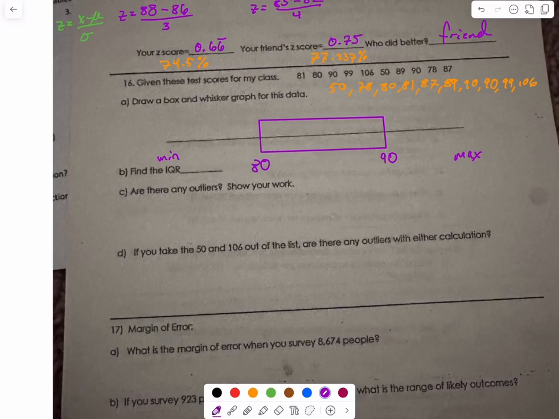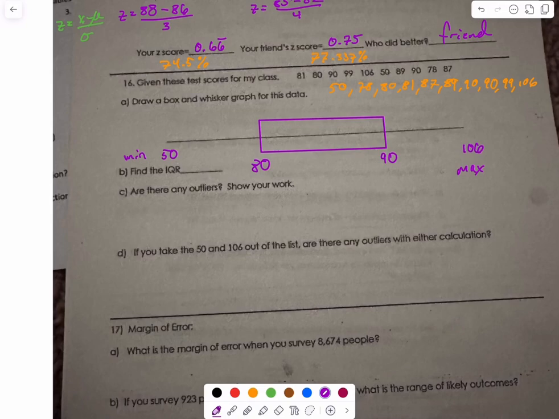Okay. The maximum value that we're getting is 106. And the minimum value we're getting is 50. We'll just move this over here because we're out of space. Let me make sure I got everything.